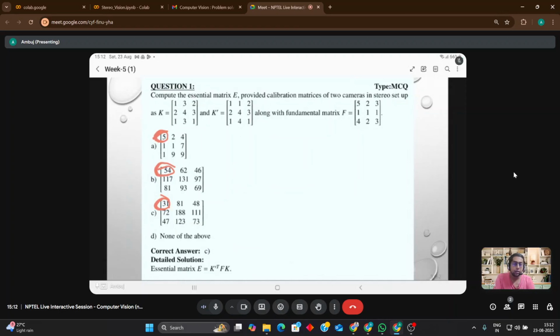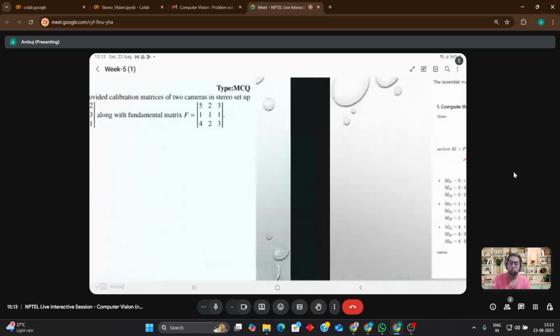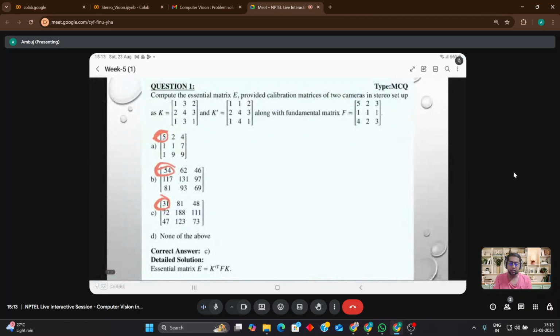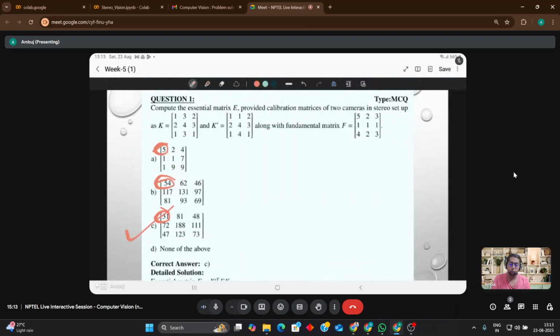So if you are given options in the examination, it is a multiple choice question, you just try to calculate only one or two elements. All the elements were distinct, so directly, the first element E11, whenever I have calculated it for the essential matrix E, I can just mark this particular option and move forward.